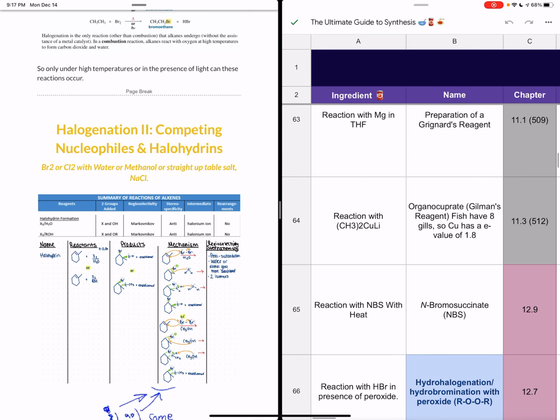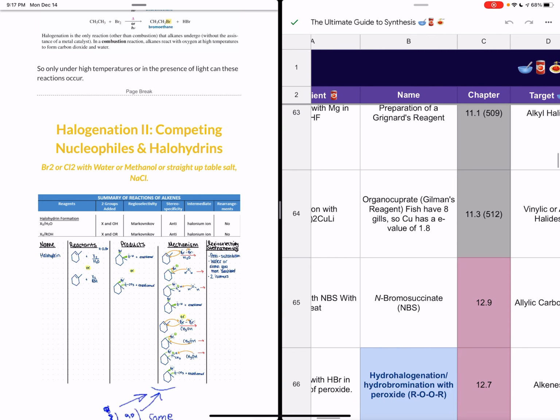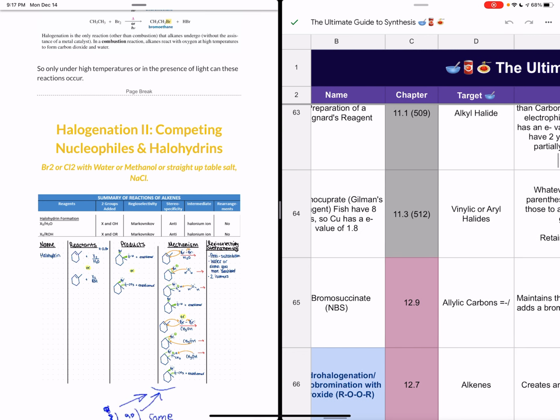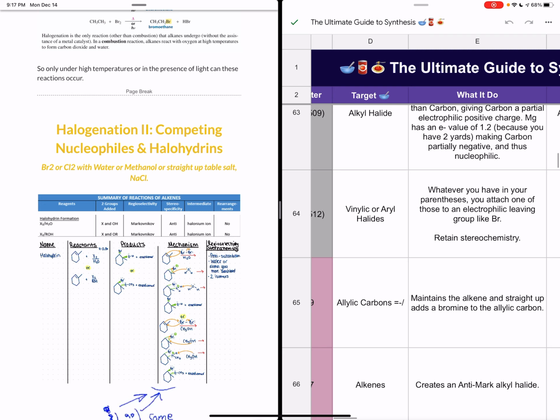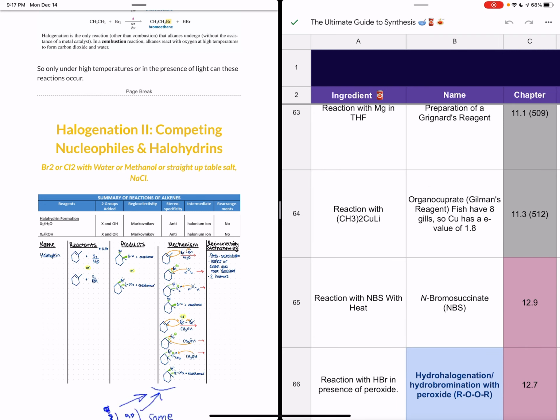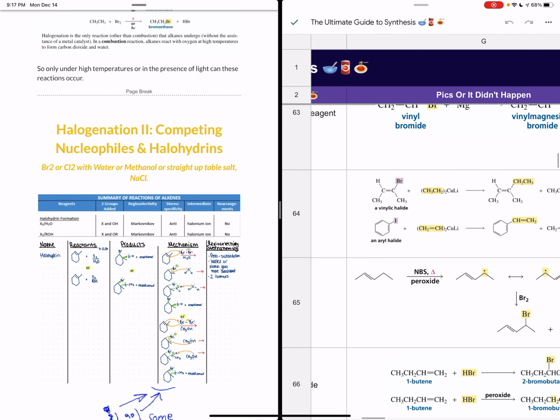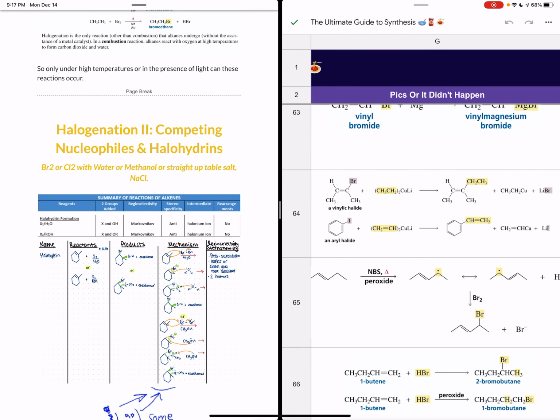Okay, (CH3)2CuLi, this is Gilman's reagent, and this is going to act on vinylic or aryl halides, and you're just going to add in whatever's in your parentheses, just one version of that to replace your leaving group.